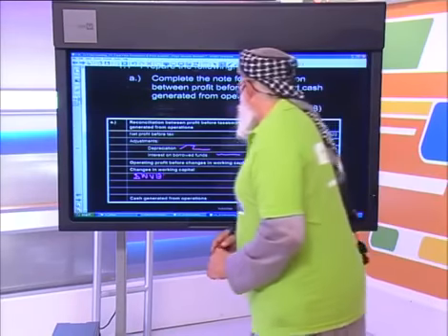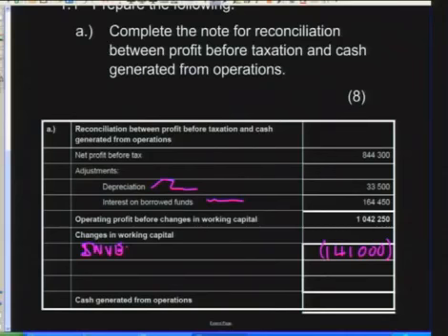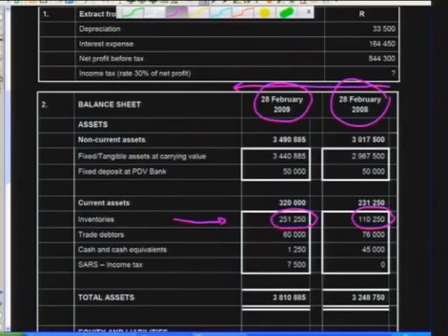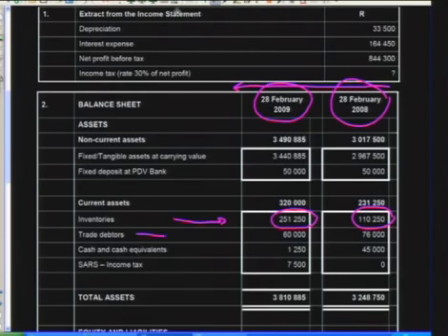Okie dokie. Next one. The next item that I look at, watch this one very closely. They tell you in the question that it is trade debtors. Right.